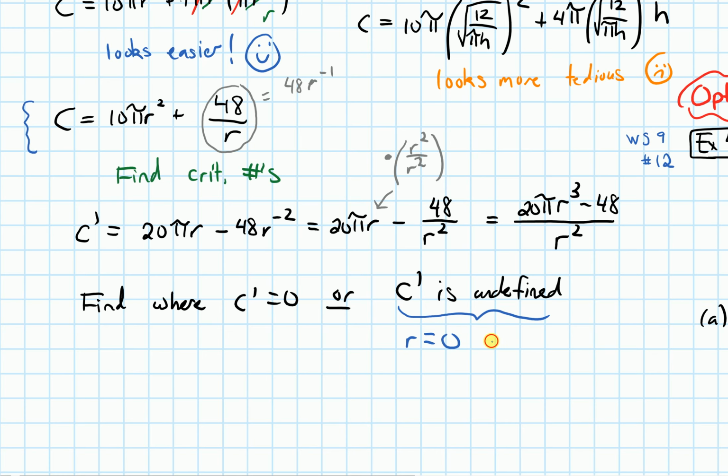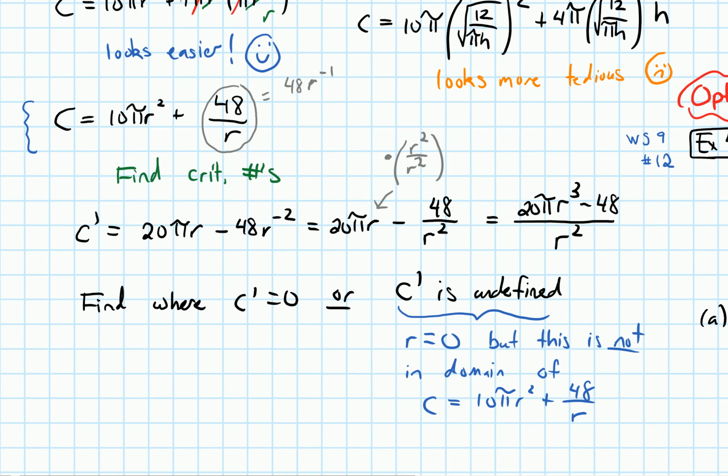So r equals 0, what I want to note about this is that it's not in the domain of the original function. C equals 10 pi r squared plus 48 over r. So r equals 0 is not going to be a critical number. Even though it makes my derivative undefined, it's not in the domain of the original function, so it can't be a critical number.